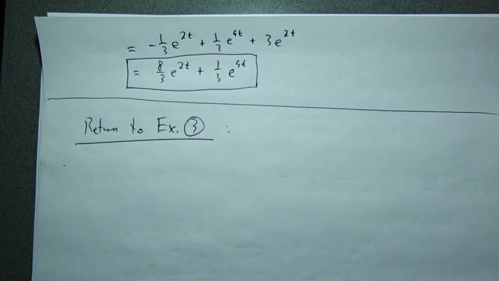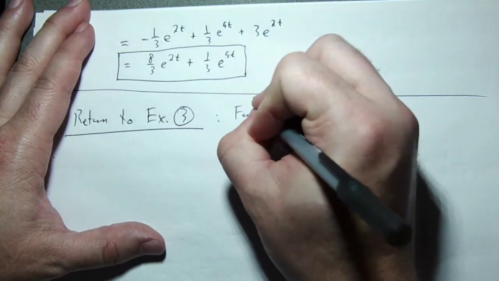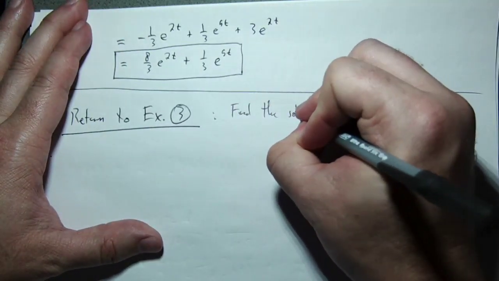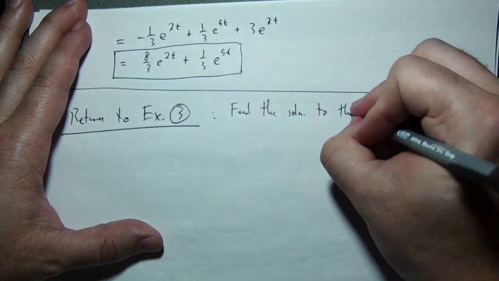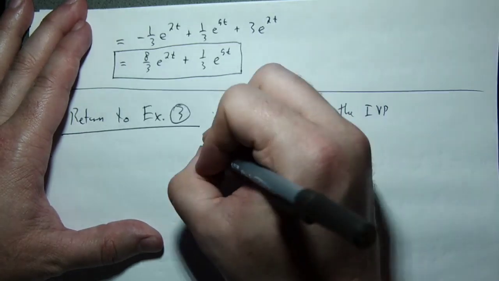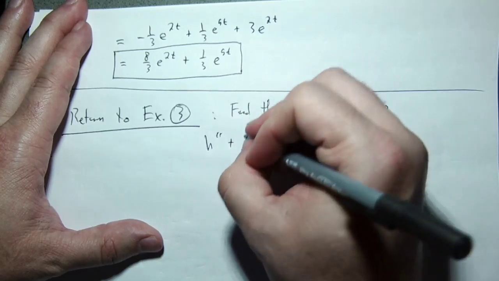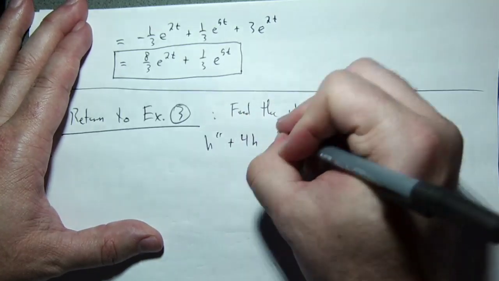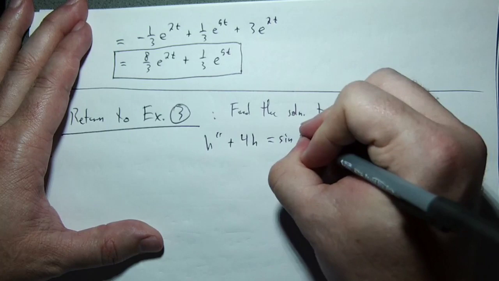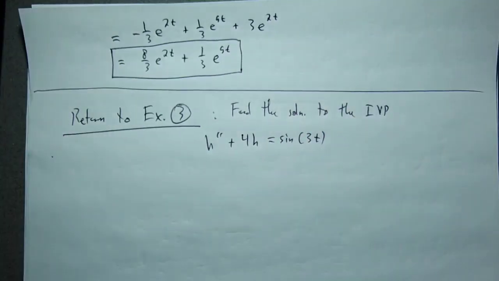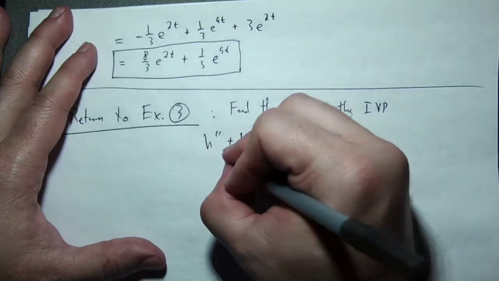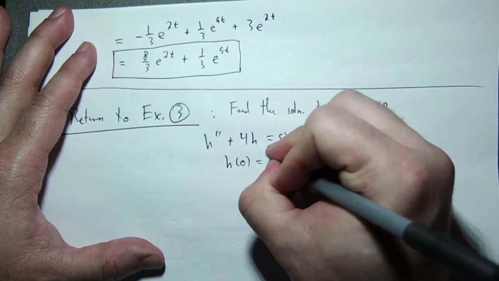Find the solution to the IVP h double prime plus 4h is equal to sine of 3t, where my initial conditions are both trivial.